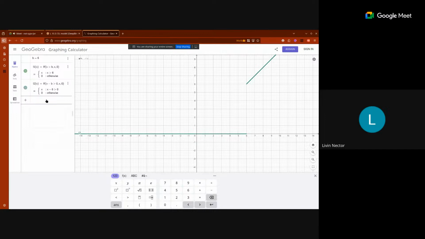Research implement ReLU. It will be like x if x greater than 0, else 0.